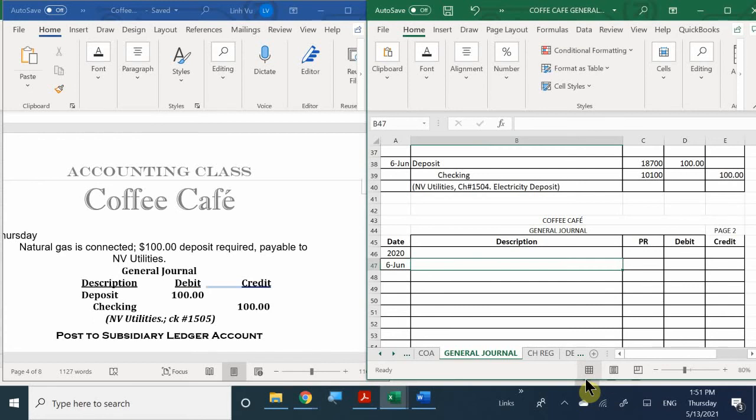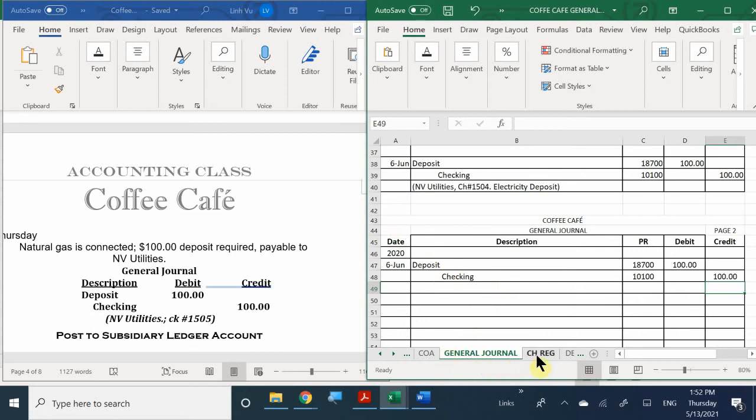Same thing, deposit, 18,700, and again, I wrote a check for $100 on both sides. So there you go, that's my journal, right?